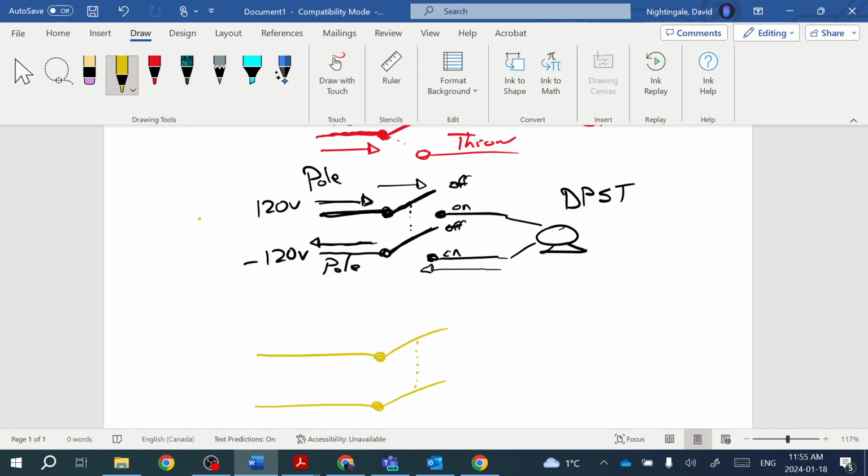So that's my two poles, so it's a double pole. But this time, we're going to have two sets of contact points per pole.